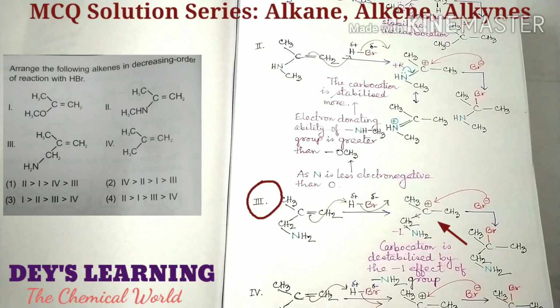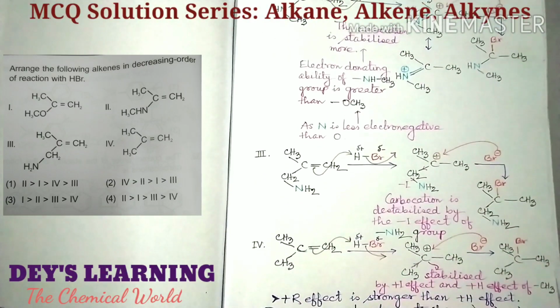So the plus R effect of nitrogen doesn't operate here, only the minus I effect operates here. So this minus I effect of nitrogen definitely destabilizes the carbocation, and then Br minus attacks the carbocation to form the product, right? So the stability of the carbocation obtained from 3 is much less than that obtained from compound 1 and 2.